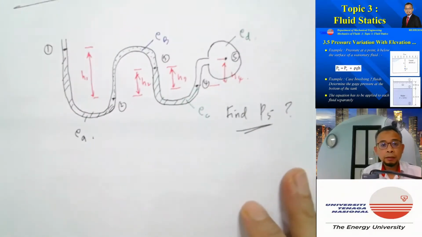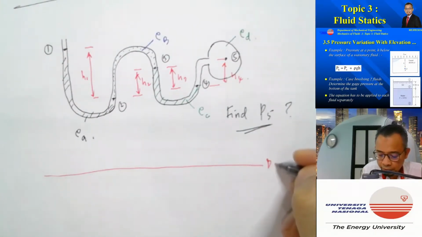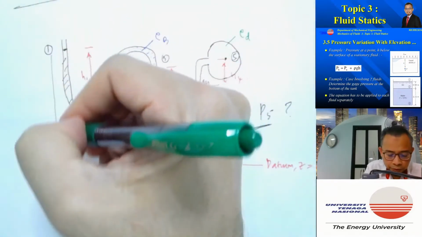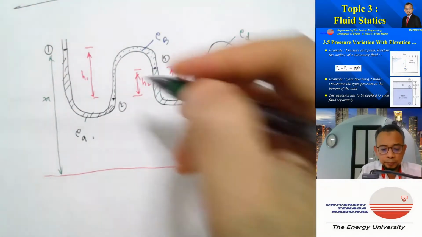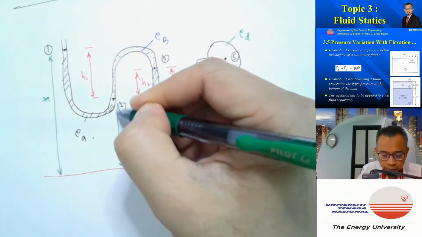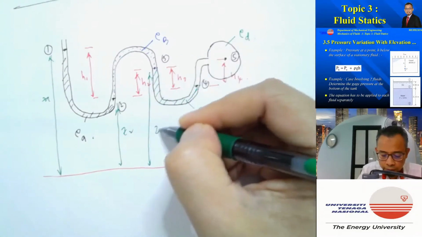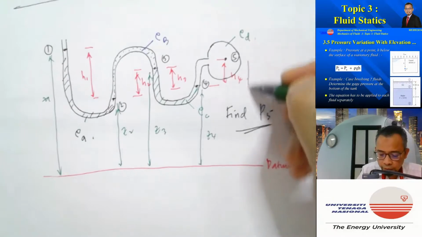If I define my datum, the datum can be anywhere. That's my datum where Z is equal to 0. So this will be my Z1, this will be my Z2, this is my Z3, this is my Z4, and this is my Z5.